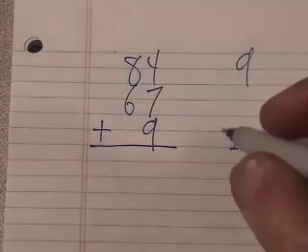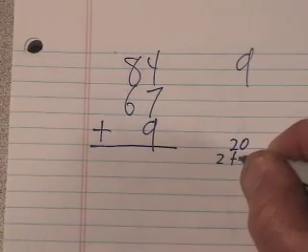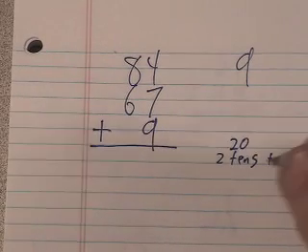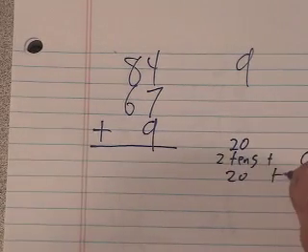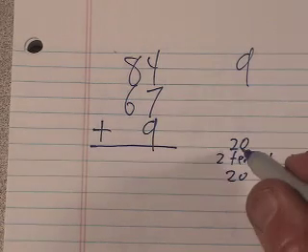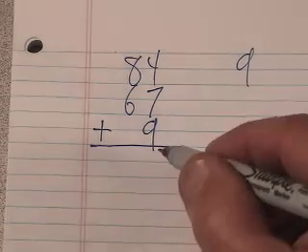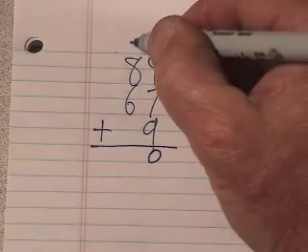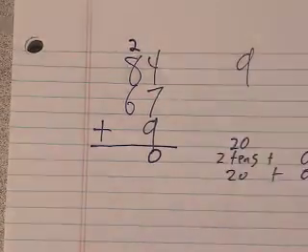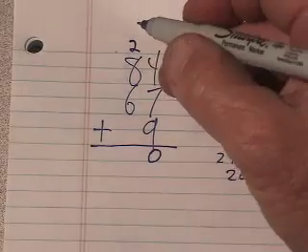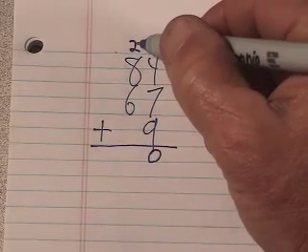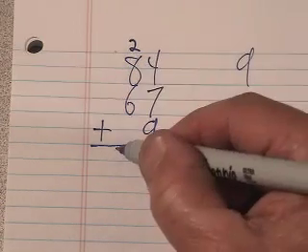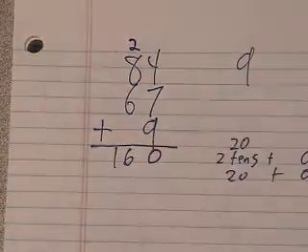And I'm going to think of this 20 as 2 10s and 0 1s. So I'm going to split the 20. I'm going to put the ones part in the ones column, and the 2 10s are going to go up into the tens column. And now it's easy to finish up. 2 plus 8 is 10. 10 plus 6 is 16. Done.